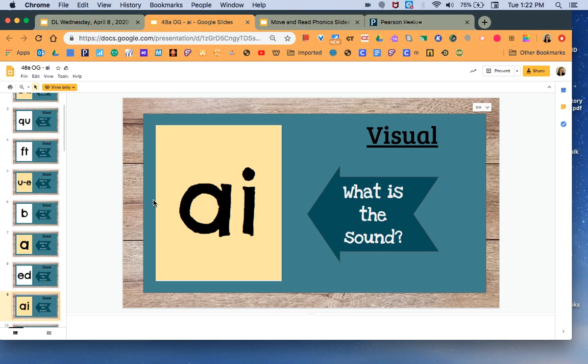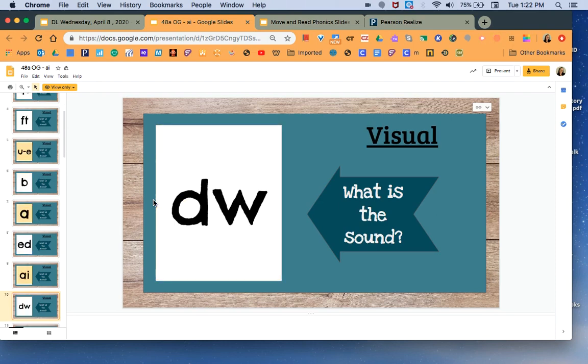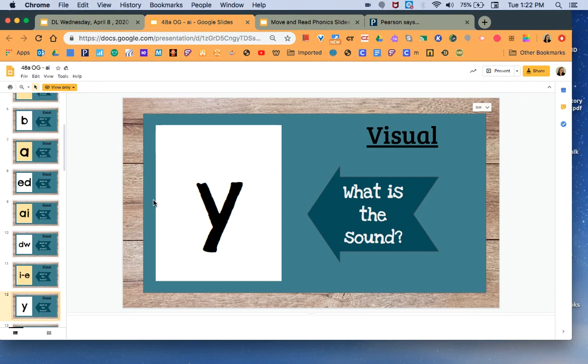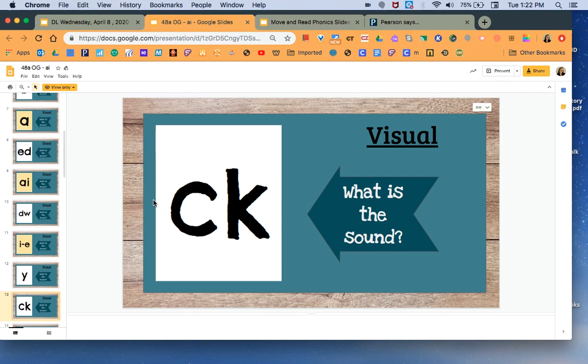AI says A. DW says dw. I magic E says I. Y says 2 sounds. Y says I. Y says E. Ooh, and Y says y. Y says 3 sounds. Sorry, guys. CK says k.